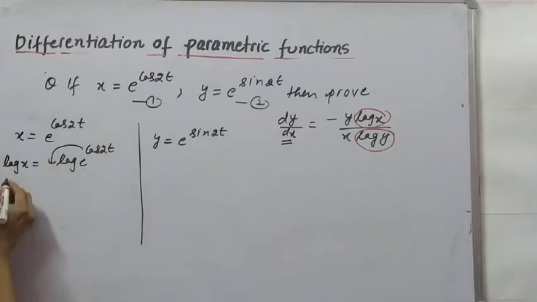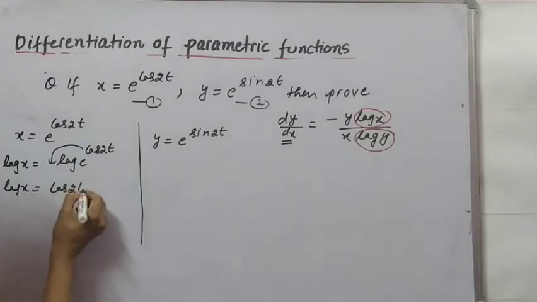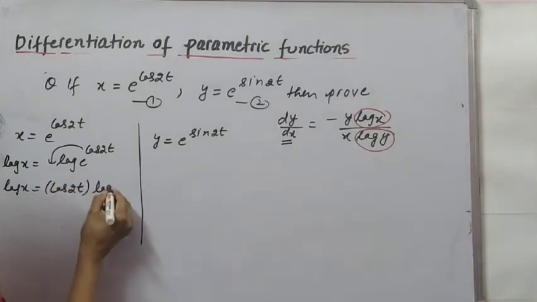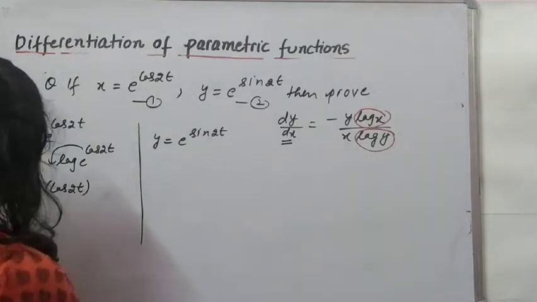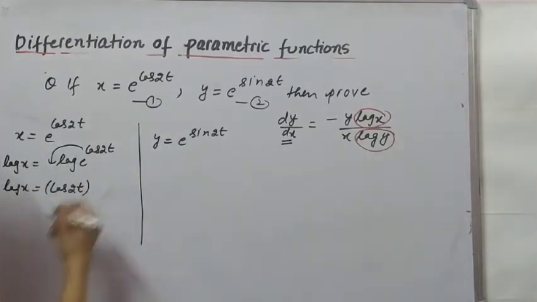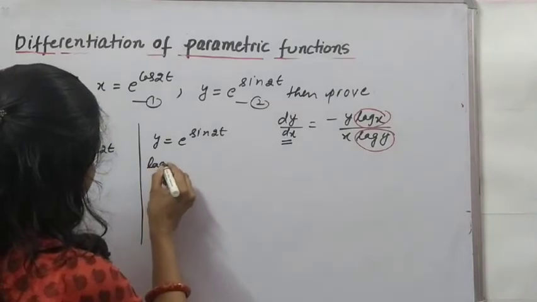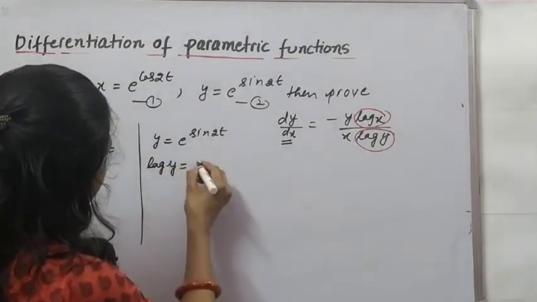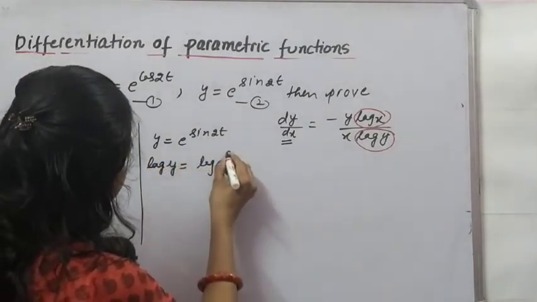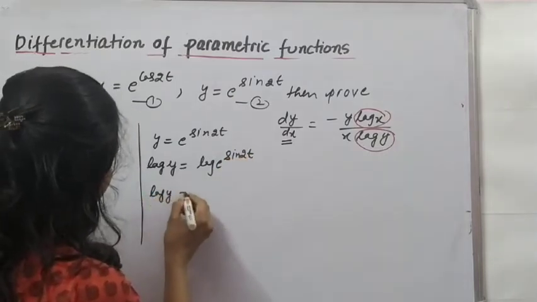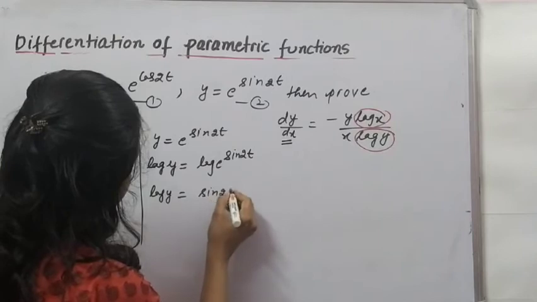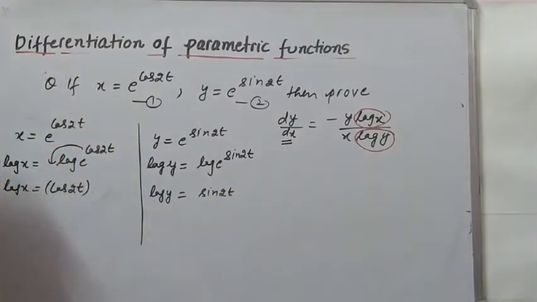So log x is equal to cos 2t into log e, and we know the value of log e is 1. So log x is equal to cos 2t. Similarly, log y is equal to log e raised to power sin 2t, so log y is equal to sin 2t into log e, and the value of log e is 1, right?